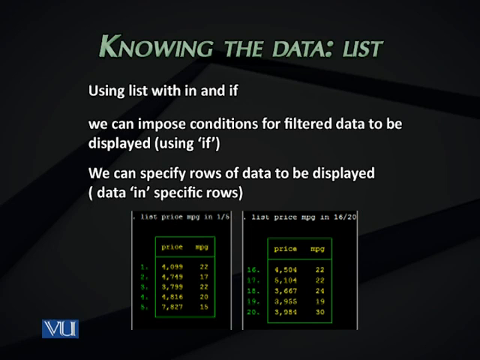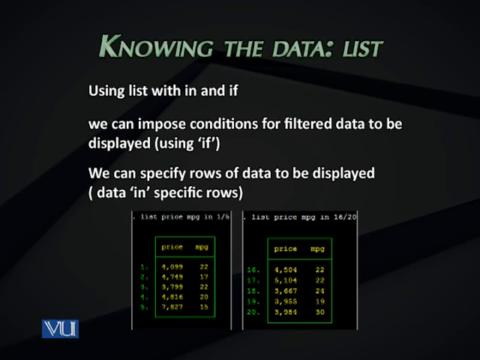If you noticed previously, we have serial numbers of the observations, the first row, the second row, the third row. 1/5 means list the values in row 1 to row 5. If I write 11/15, then only row number 11 to 15 of these two variables will be displayed. You can also use if statements. For example, list price MPG if price is greater than 4,000. So only those cases will be displayed.